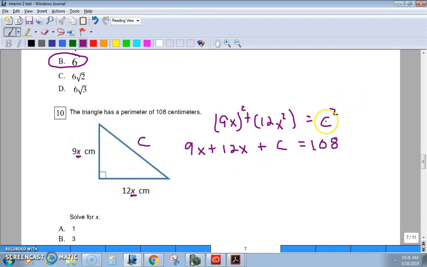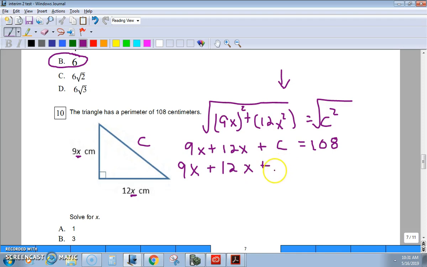What I'm going to do is solve this up here for c, so if I take the square root of this on both sides, c is equal to the square root of this side over here. So I'm going to have 9x plus 12x plus the square root of 9x squared plus 12x squared is equal to 108.